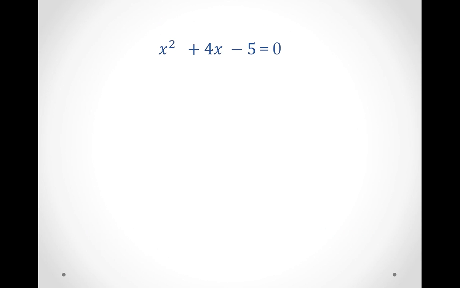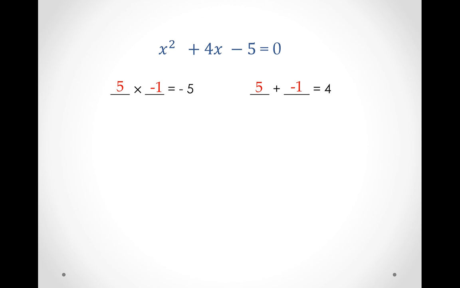So let's have a look at all these steps together. Here's another quadratic equation. We know it is because the highest term is an x squared term. So x squared plus 4x minus 5 equals 0. Quickly think, what two numbers times together to give minus 5 and add together to give 4?